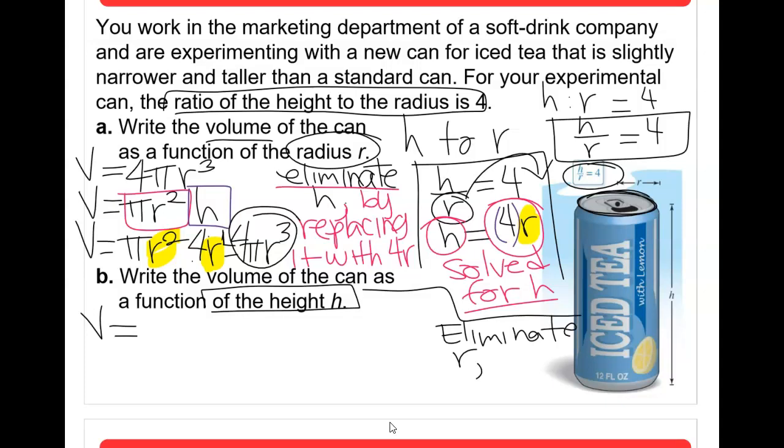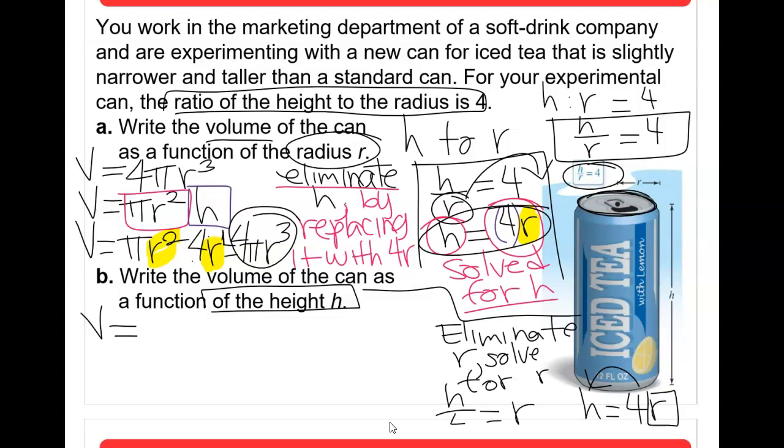In other words, we're going to solve for r. So I'm going to take the equation that I have here, which says h is equal to 4r. So if I want to solve for r, I will take the 4 across, and for multiplying, it will be dividing. So I'm going to have r is equal to h over 4.